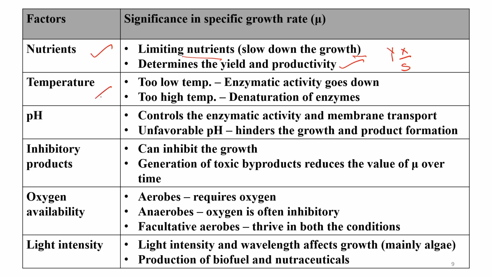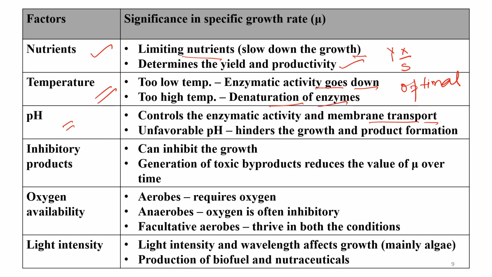Temperature, as I told, all the biochemical reactions are catalyzed by the enzymes, and enzymes perform better at an optimum temperature. So, if there is a low temperature, enzymatic activity goes down. Too high a temperature deactivates or denatures the enzyme. So, we require an optimal temperature. pH, it controls the enzymatic activity and membrane transport, because enzymes are made of proteins.